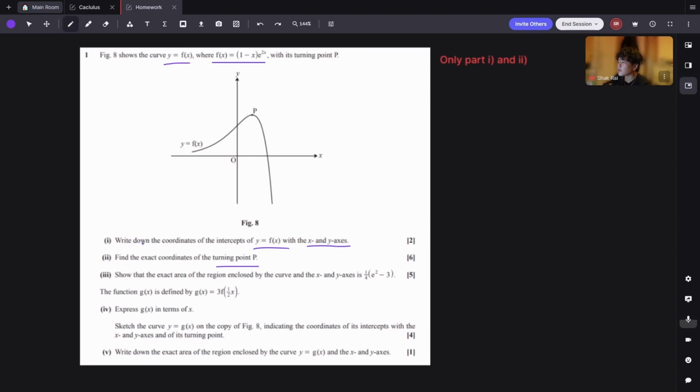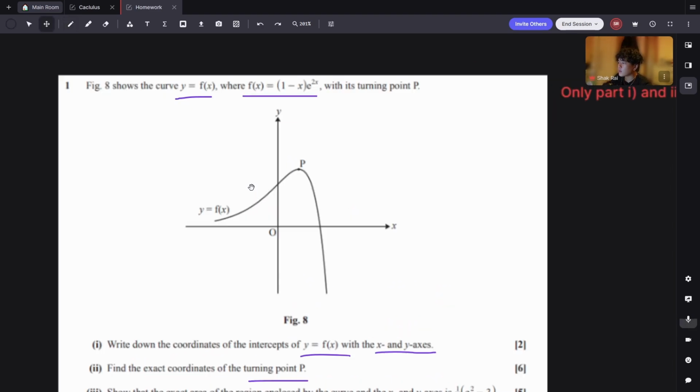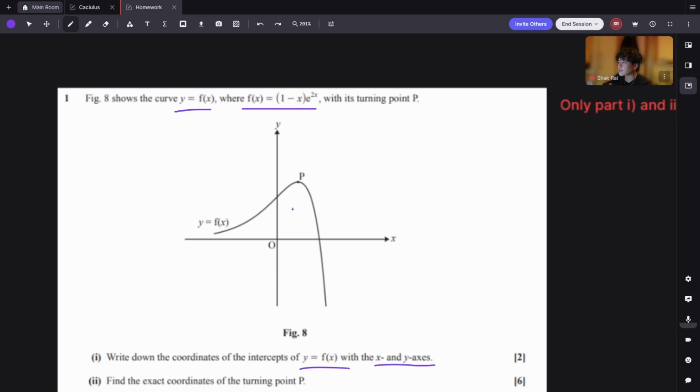So the first part is write down the coordinates of the intercepts of f of x with the x-axis and the y-axis. So the x-axis is when y equals 0, and the y-axis is when x equals 0. So when y equals 0, we have (1 minus x) e to the power of 2x equals 0.